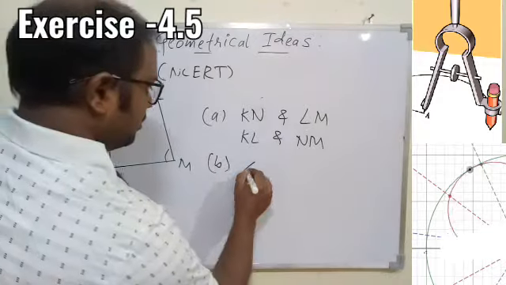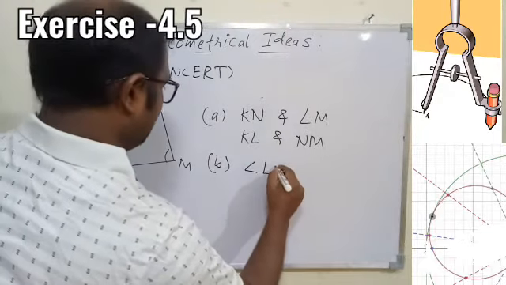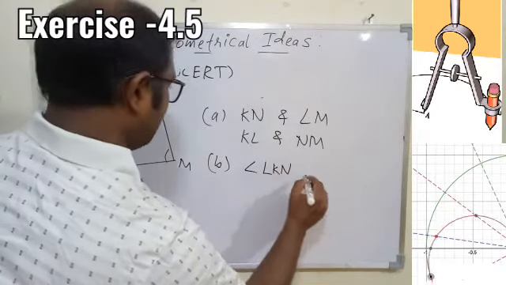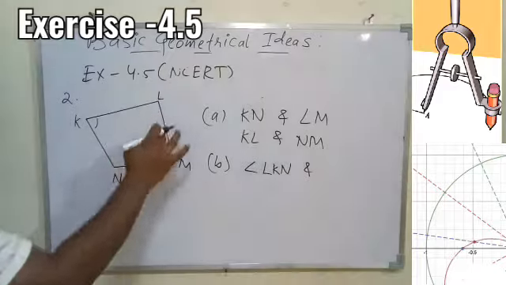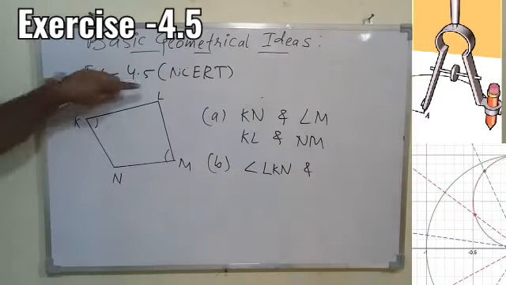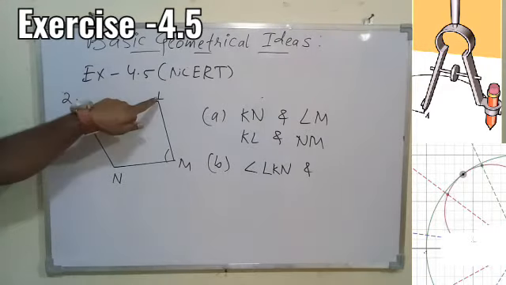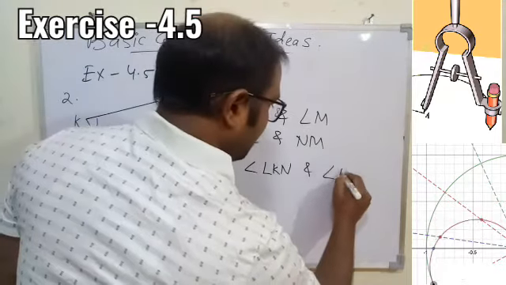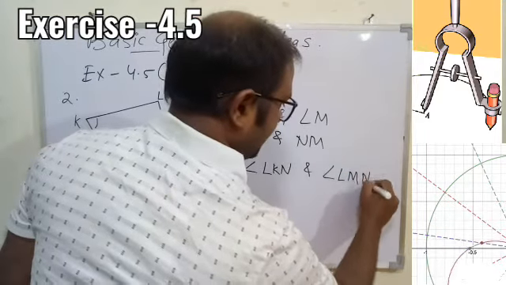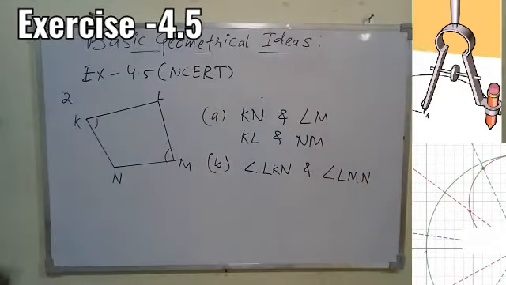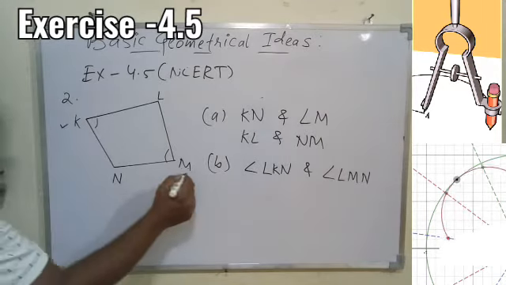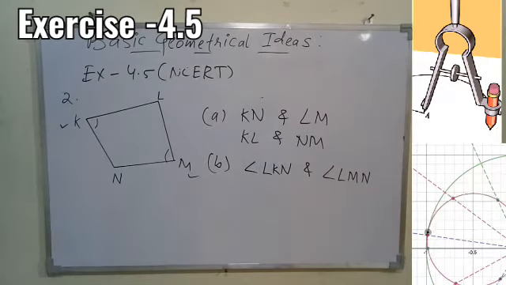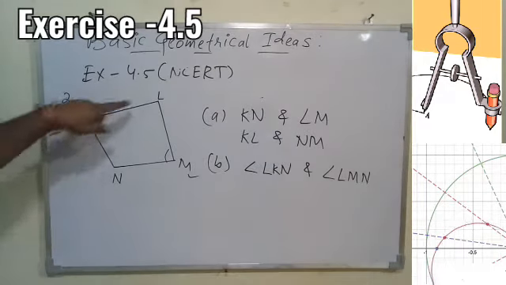So we can say the first pair we have angle LKN and LMN. So again I started from L for this angle, start from L for the other angle also. So L, M, N. So we got this. So these two are opposite angles.